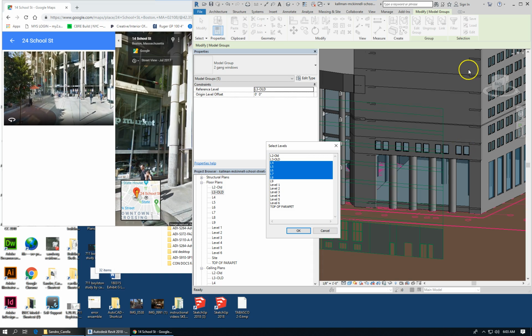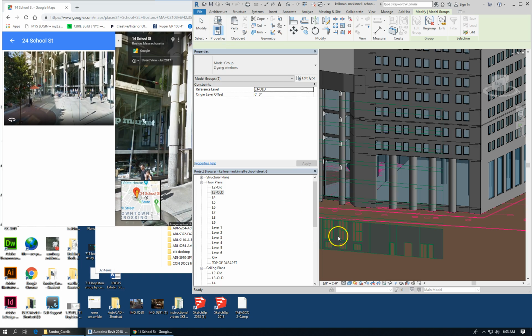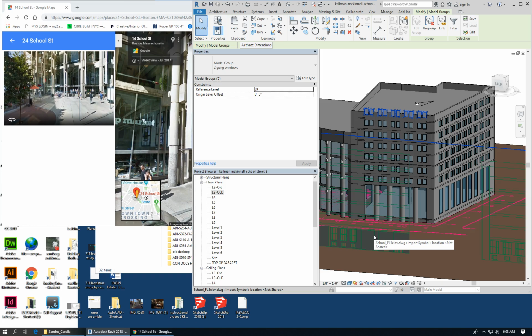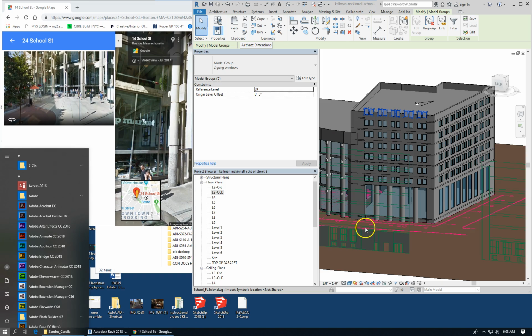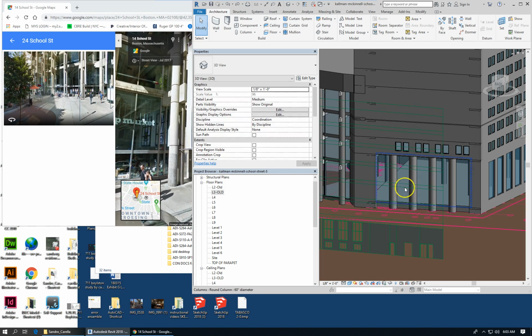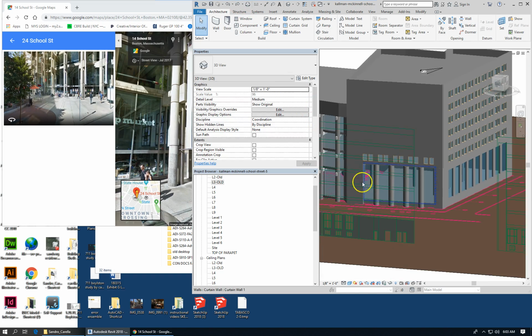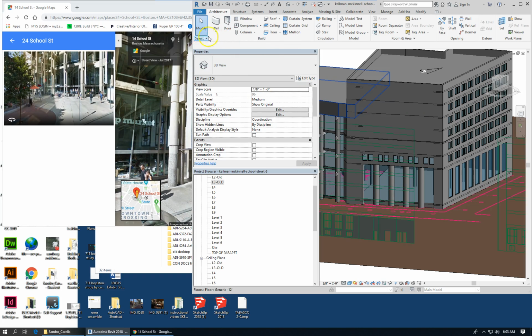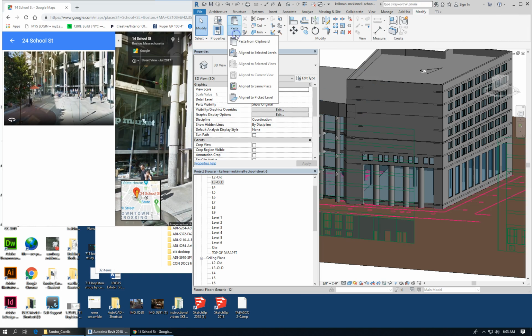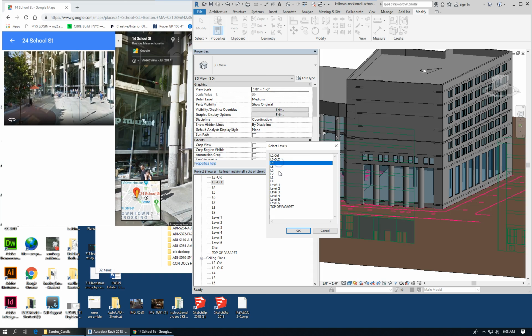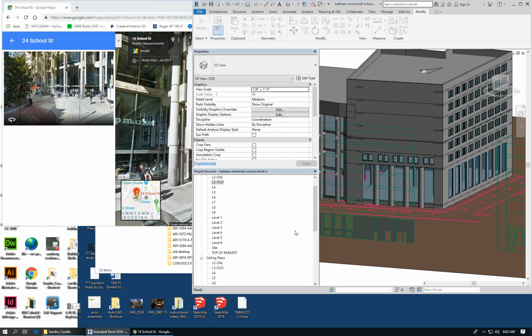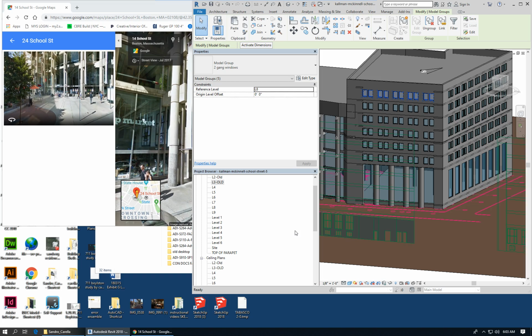Oh, L3, L4, 5, 6, 7, 8. Maybe I missed one floor. I think I might have missed one floor. Did I? No, I didn't. Okay. Four, 5, 6, 7, 8. I inadvertently added one floor.